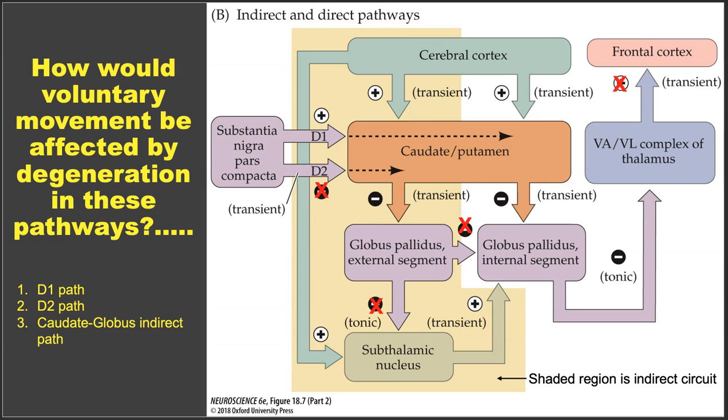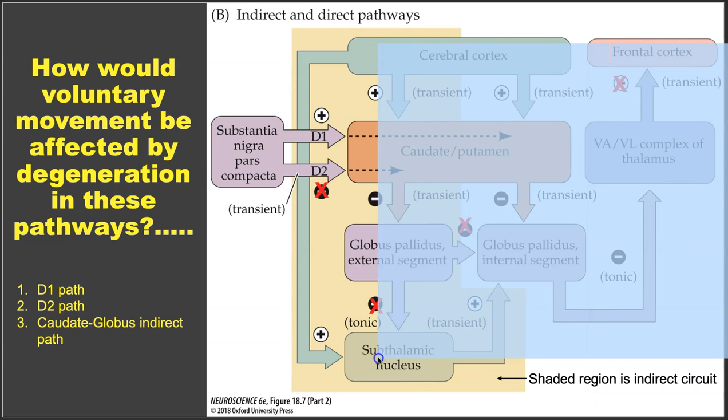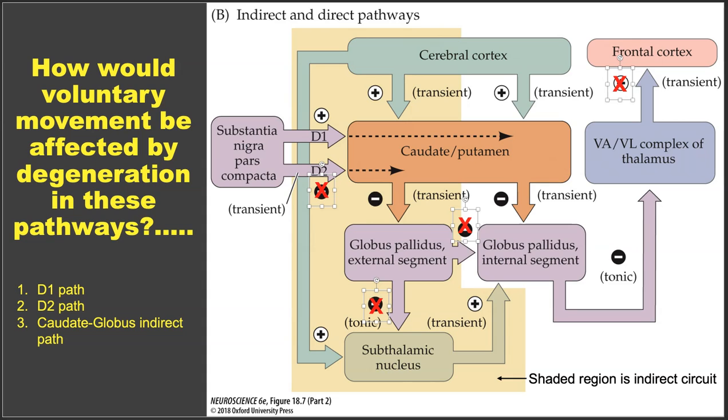Okay, and so now we have one more that we're talking about here, and this one is degeneration of this connection between the caudate and the globus pallidus external segment. So that's the indirect pathway again. So basically, you're talking about knocking this guy out. If that one is knocked out, now all of a sudden you have increased inhibition here, increased inhibition here between the external segment and internal segment, and the external segment and the subthalamic nucleus.